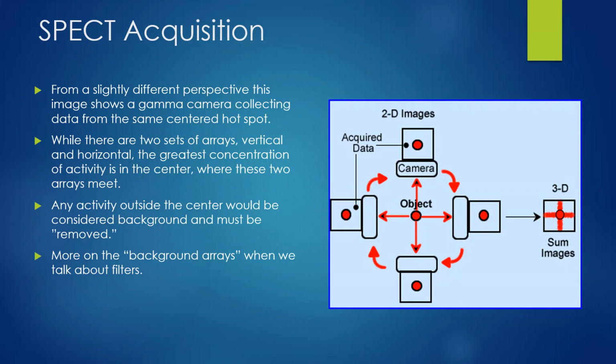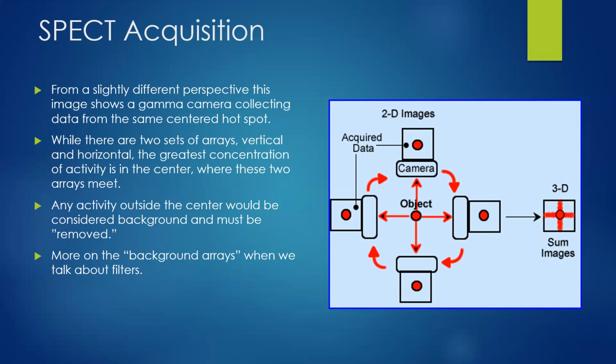So any activity outside the center of the array should be considered background and must be removed. How to remove the background arrays? Well, that remains to be discussed in a little bit as we talk about filters.